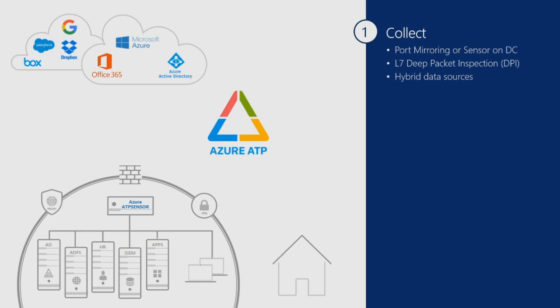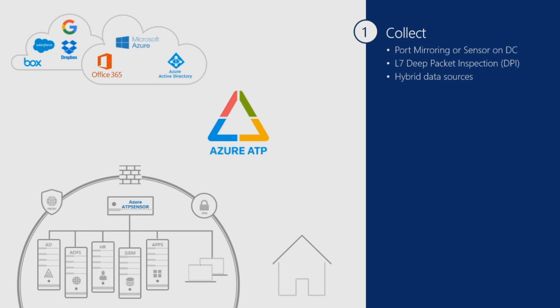But the first thing we're doing is collecting network traffic from the on-premises going in and out of the domain controllers, either via port mirroring using the standalone sensor, or via the sensor deployed directly on the domain controller. Now, the traffic we're collecting, we're not only collecting the raw information, or like other security solutions, IPS or IDS solutions that parse up to layer 4, we actually do that up to layer 7, up to the application layer of the protocol itself.